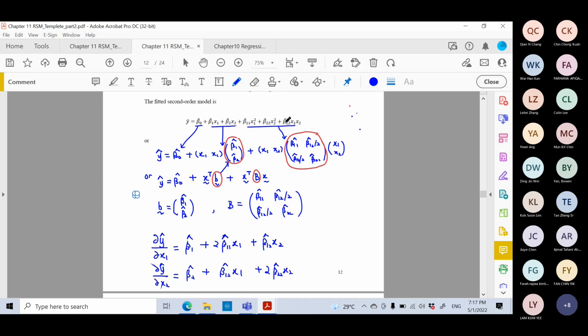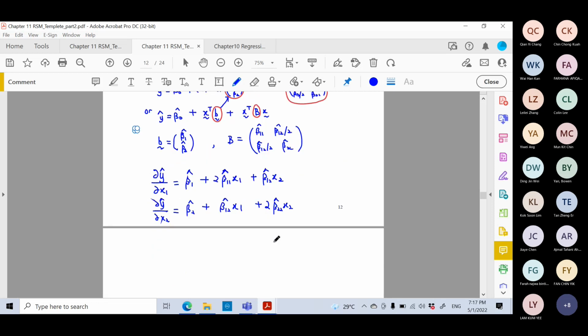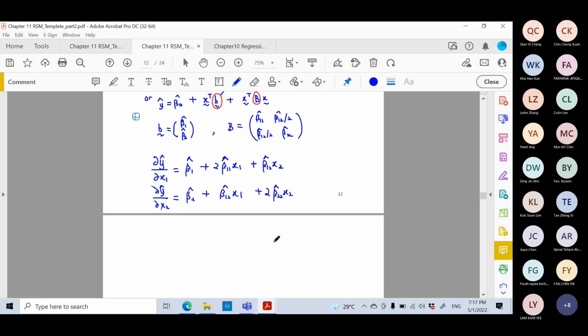And then for the third one here, you will have the following: you differentiate with the x2, you get beta 1 2 x1. Of course these two can be interchangeable in position here. So this one is actually equivalent to the following if you write it down.